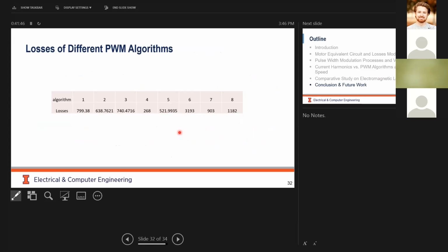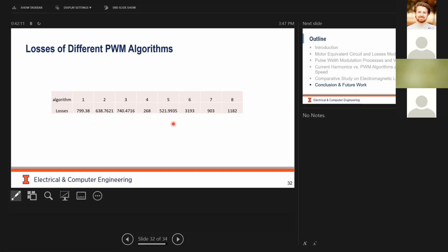And then we can calculate the losses based on the harmonic currents and the loss modeling method I just mentioned. So for algorithms 1 to 8, we have these loss numbers. This is the additional losses caused by the harmonics.